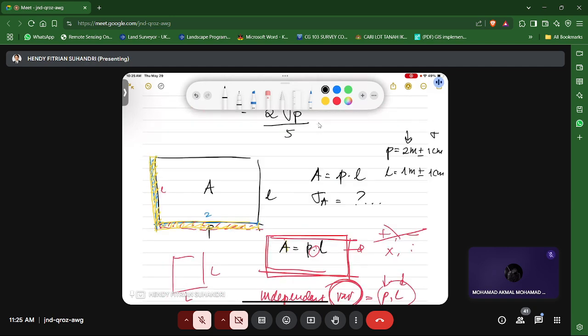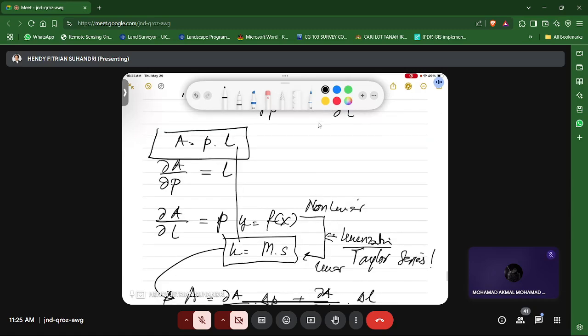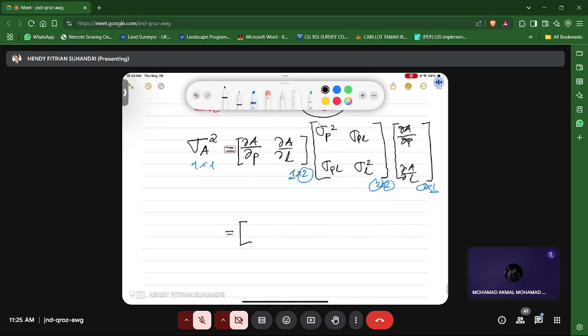P itself is 2 and L itself is 1, in meters, respectively. So dou A over dou P is L, so it's 1. And dou A over dou L is P, that means 2, in meters.